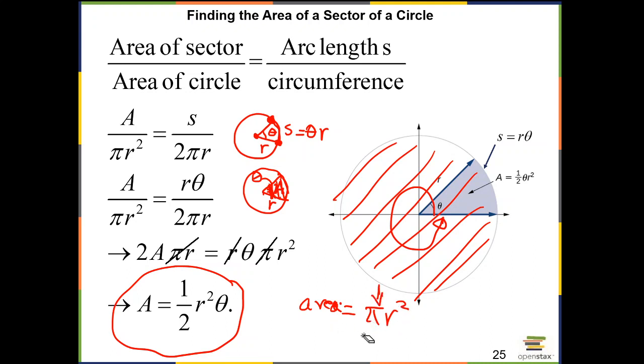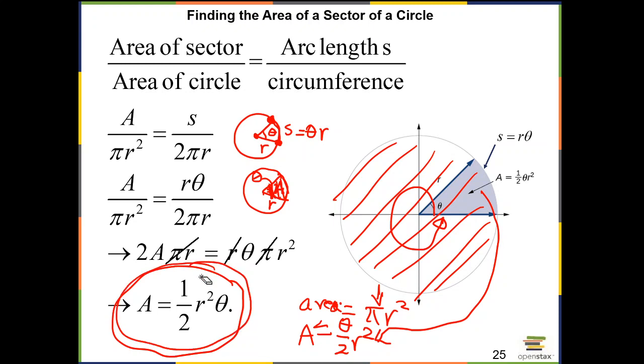So if you follow the same formula, then the area for that piece is going to be half of the angle times r squared. And that's exactly what we have here, right?